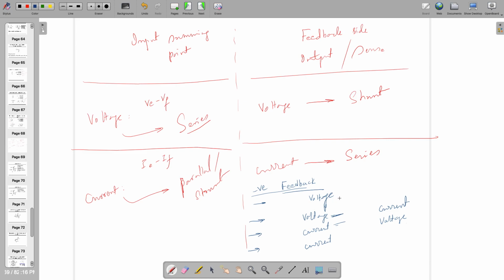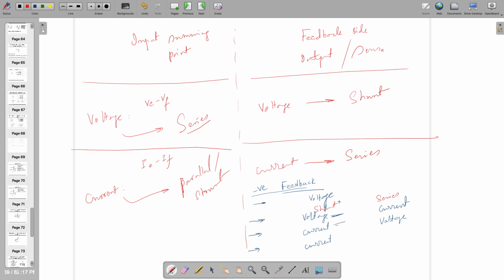Some people are also calling this series shunt or shunt series, depending on what you are doing. In your case, for the current at the output you need to use the series. I'm just giving you an example. Some people use that notation also, like this one is series, and at the input side if it is voltage you need to make it shunt. So that topology is also known as shunt series.